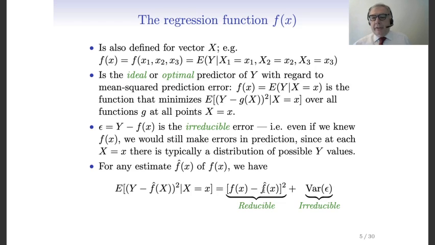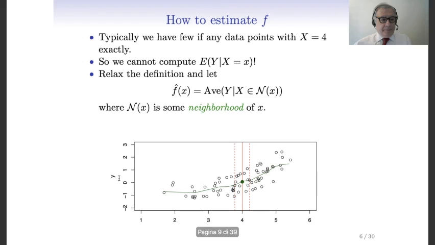This is the error that I commit in approximating the true regression function. So I have some error that I cannot do anything about, and this is something I can work on. I could try to have an f hat as close as possible to f, because of course the best possible result is obtained when f hat is equal to f, in which case I just have the variance of the irreducible error, equal to the squared value of the prediction error on the target variable.